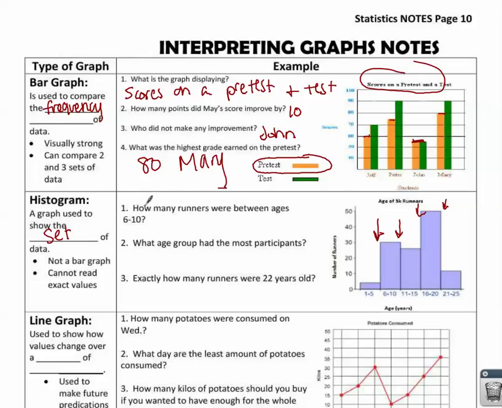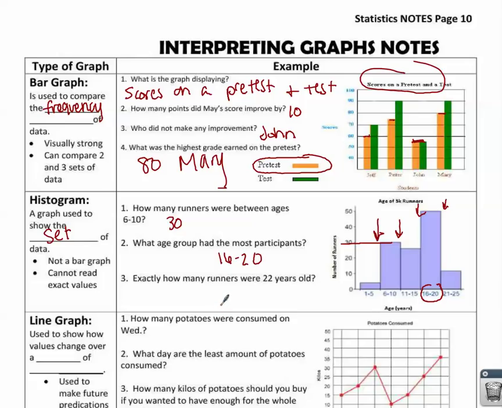So the question asks, how many runners were between ages 6 and 10? So I'll go to the 6 and 10 category, and I'll look at the height, and it's going to tell me 30 runners. What age group has the most participation? So I'm going to look at the highest bar, and that's going to be ages 16 to 20.